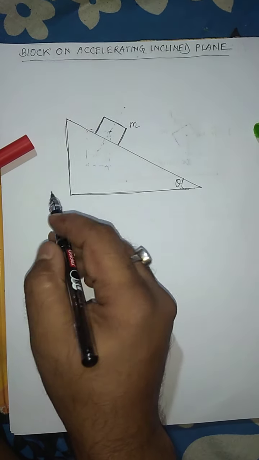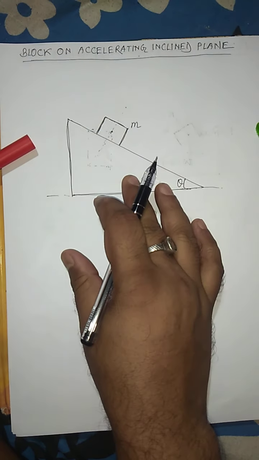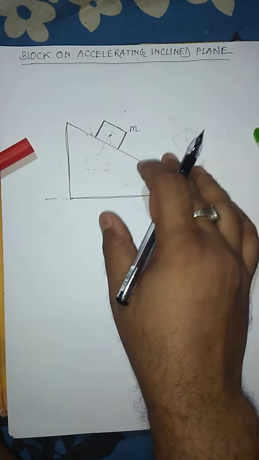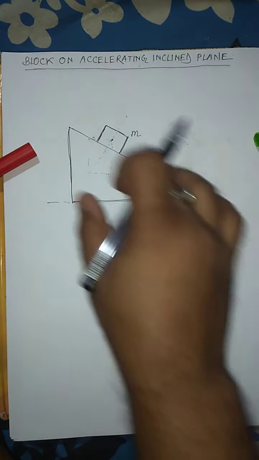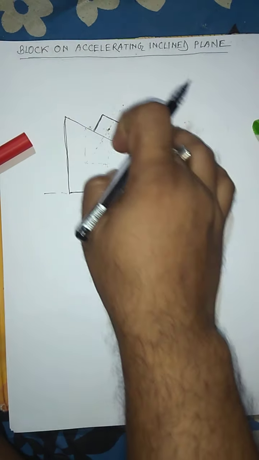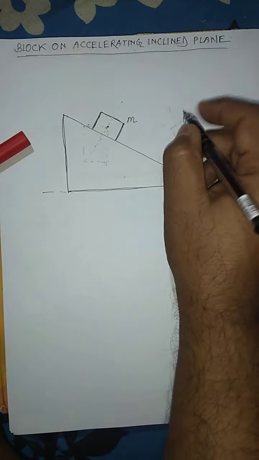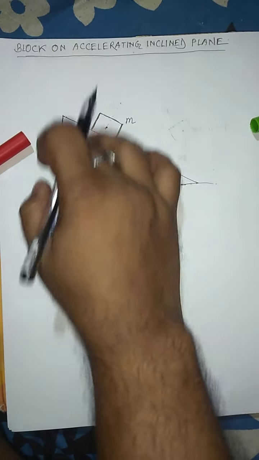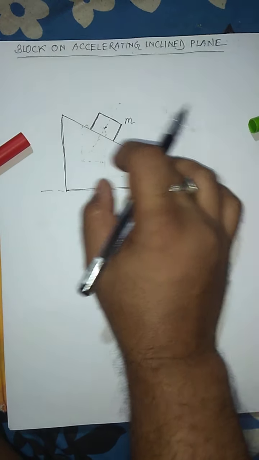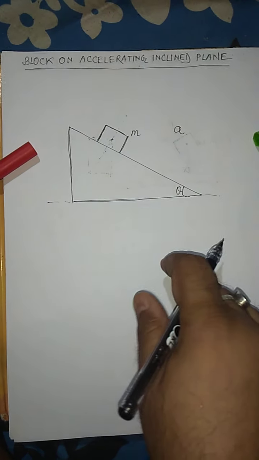Today, our objective is to find an expression for the horizontal acceleration of this inclined plane, given the condition that the block remains stationary relative to this inclined plane. Let the magnitude of the acceleration of this inclined plane be A, directed to the right.